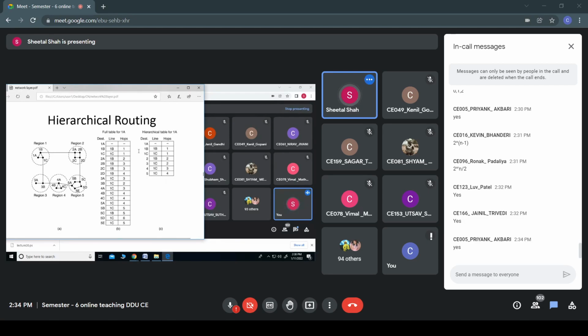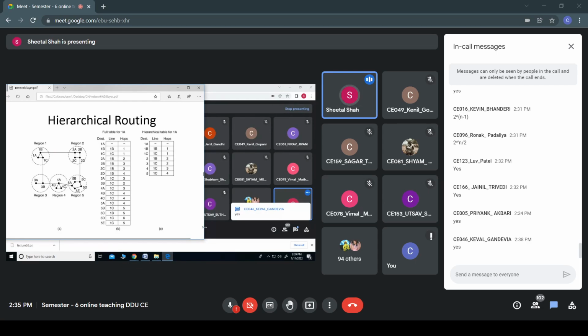Hope this is clear. So 1A can reach region 5 using 1C, and the number of hops to region 5 will be 1, 2, 3, 4. This is how it can reach region 5. But only the routers of this region would know how to route to any other routers within this particular region. Is this clear, everyone?